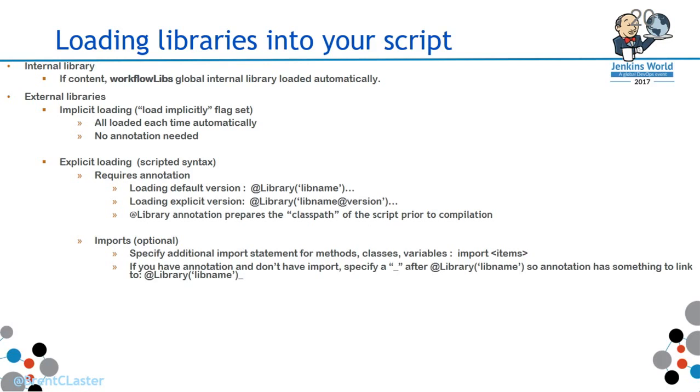Real quickly, what that's talking about: if I'm just saying bring in everything from that shared library, and I'm not trying to import specific pieces, then that annotation still has to have something to reference. So one of the tricks is you have to put an underscore after that @Library invocation, so the annotation basically has a placeholder. That's what that means. If you use an import statement in there, then the import statement is what gets annotated, and so that flows.